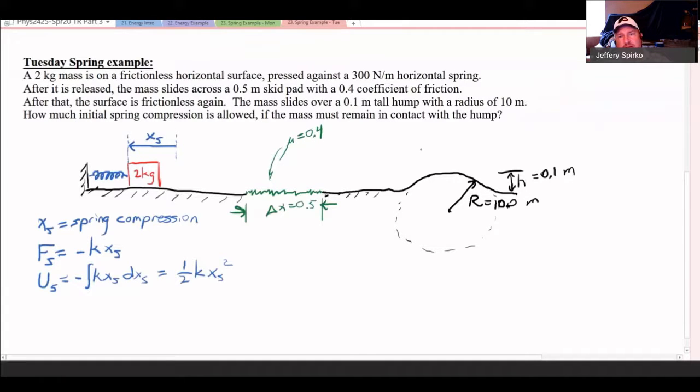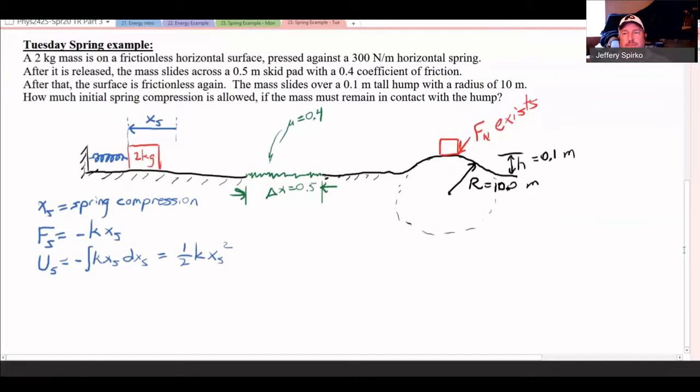And by the time our box gets here, this is the danger time. So we require that the normal force exists so that the box is remaining in contact with the hump.